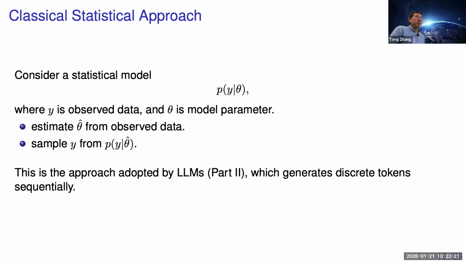Basically, there is a model parameter theta, which is trained from observation data, and then you sample y from the probability of y. So essentially, you first train the model parameter from your training data, and then you sample y given theta.